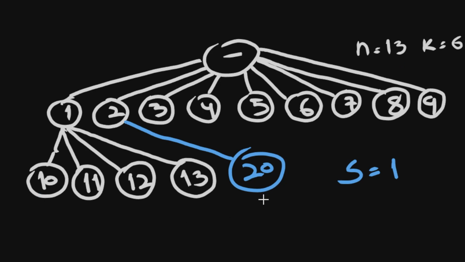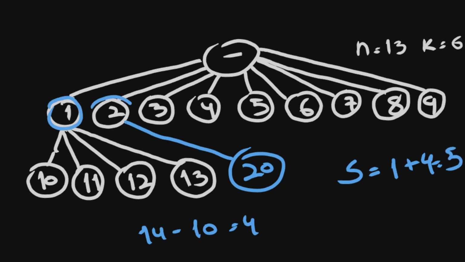So in this case, the minimum between 20 and 14 is 14. So 14 minus 10 is 4. So we add a 4 here. So we require 5 steps to go from 1 to 2.